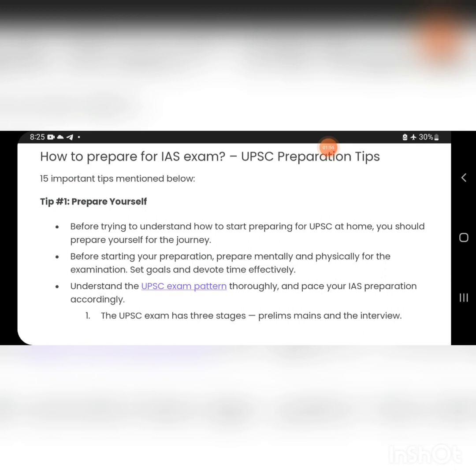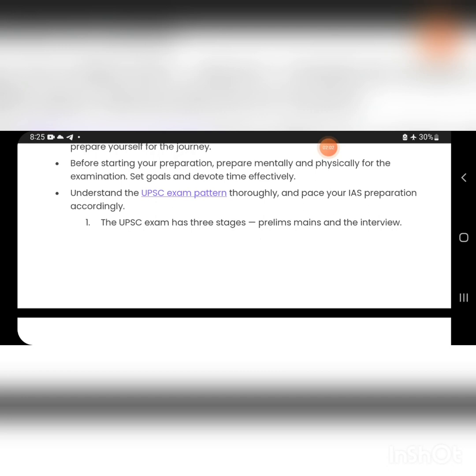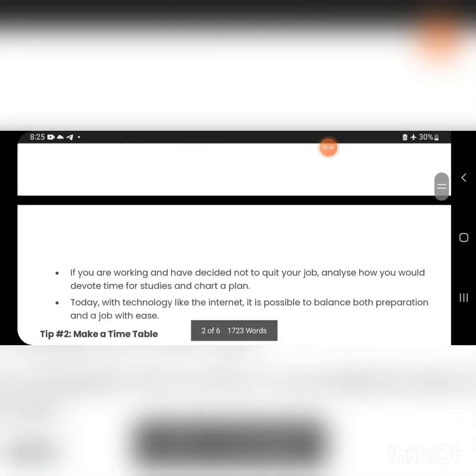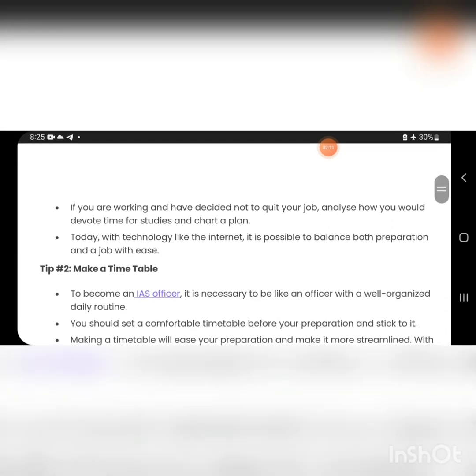Understand the UPSC exam pattern thoroughly and pace your IAS preparation accordingly. The UPSC exam has three stages, that is the prelims, mains, and the interview. If you are working and have decided not to quit your job, analyze how you would devote time for studies and chart a plan.